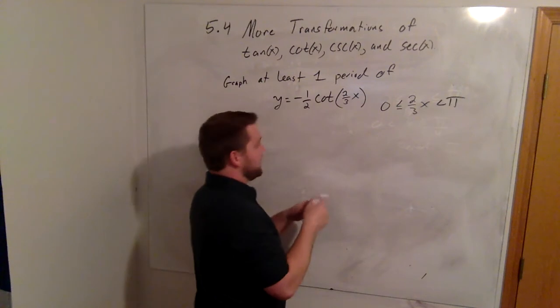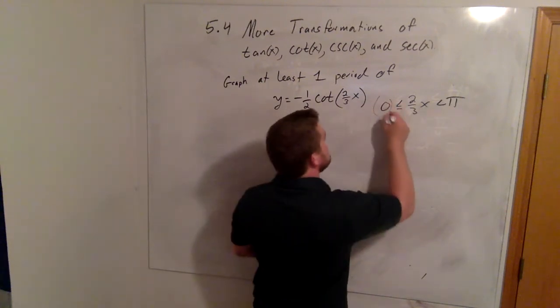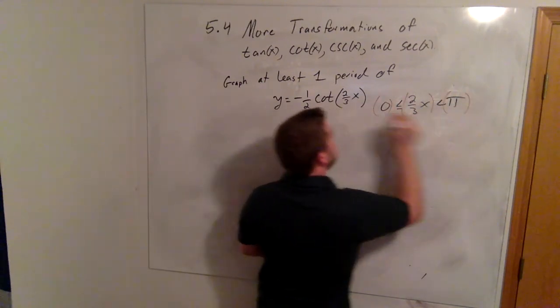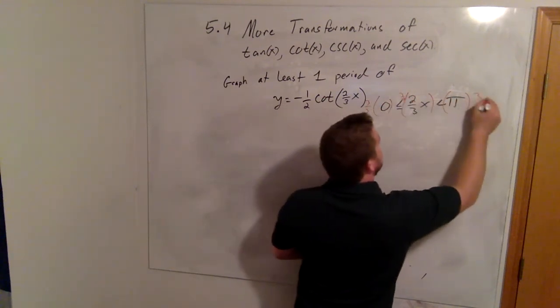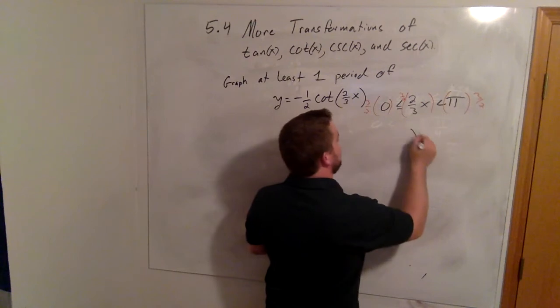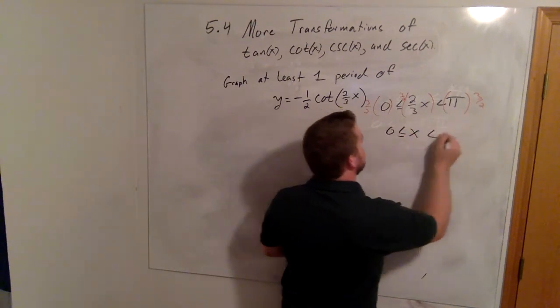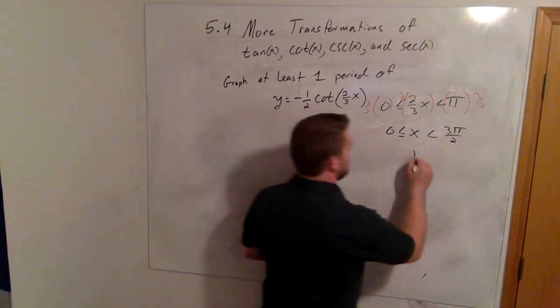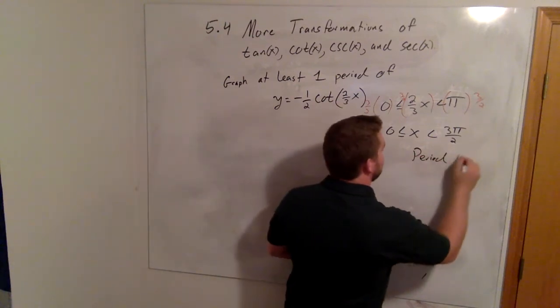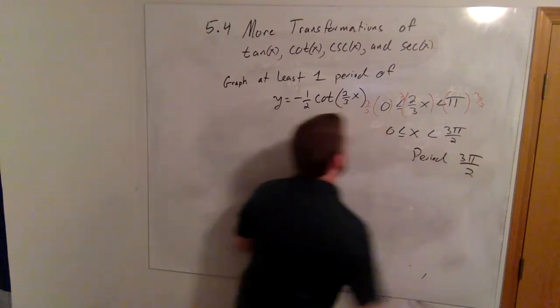I could solve for x: we multiply everything by 3/2 to get that x is between 0 and 3pi/2. So our period will be 3pi/2.